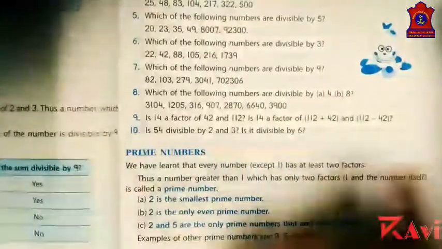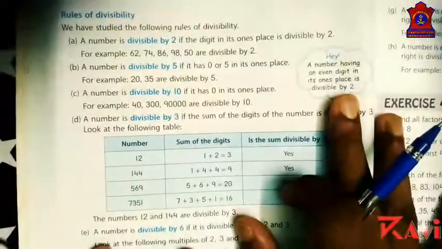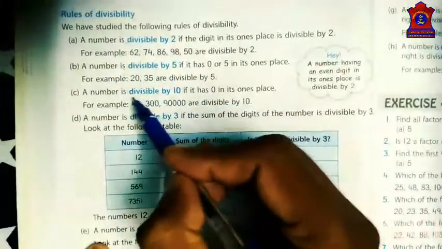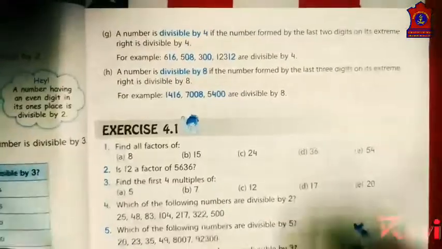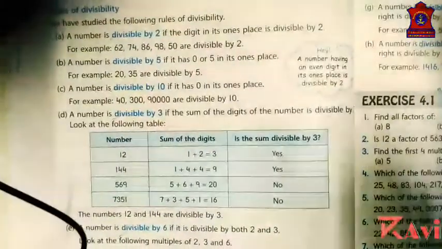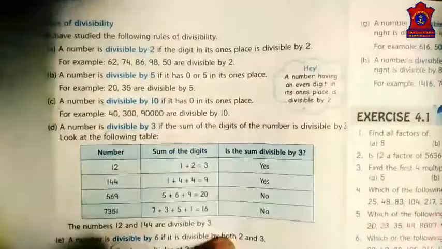Now, after this, you have to write all the rules of divisibility of the given numbers in a book. Rules of divisibility of 2, 5, 10, 3. Similarly, 6, then 9, then 4, and then 8. Once you read these, you will easily understand the rules of divisibility.